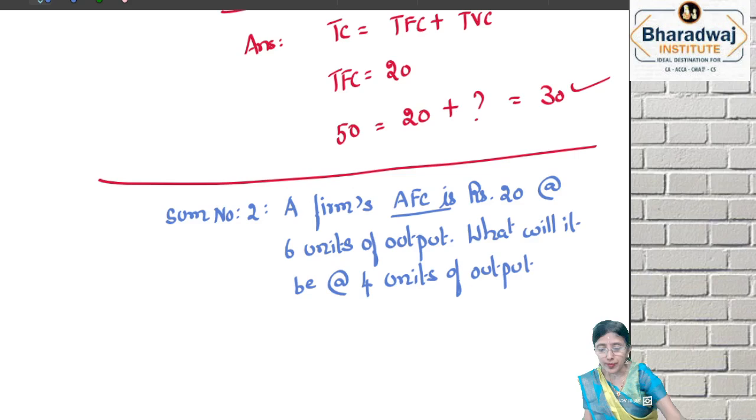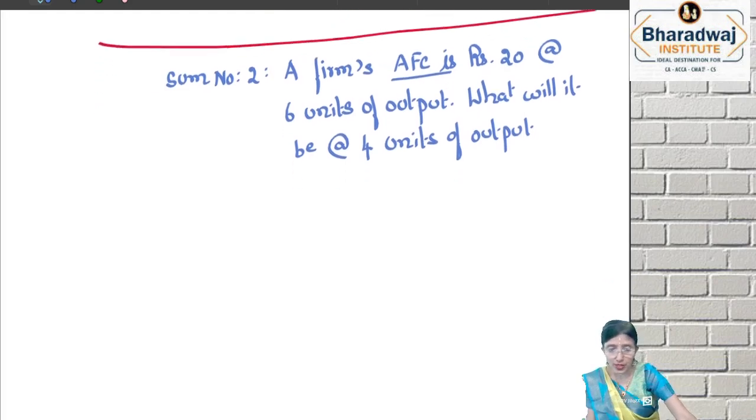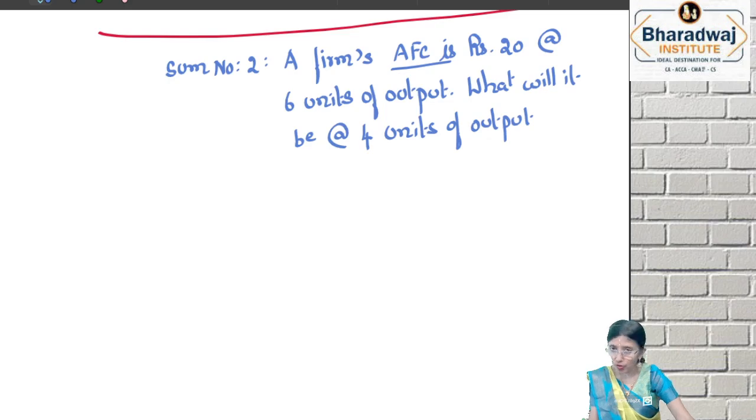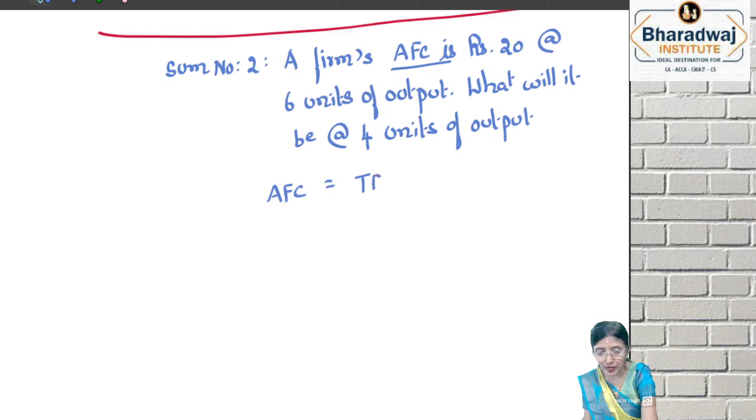Now AFC. So now, what am I going to do? Now, what is the information I have? That's what earlier also I did, what information I have. I collected that. What are the aspects I'm having so that accordingly I can use my formula. Remember, these are all formula based. You may have to just interchange it. Now, I have my AFC and I know my AFC is TFC by Q. So, I try to write my formula first. Q is number of units, isn't it?